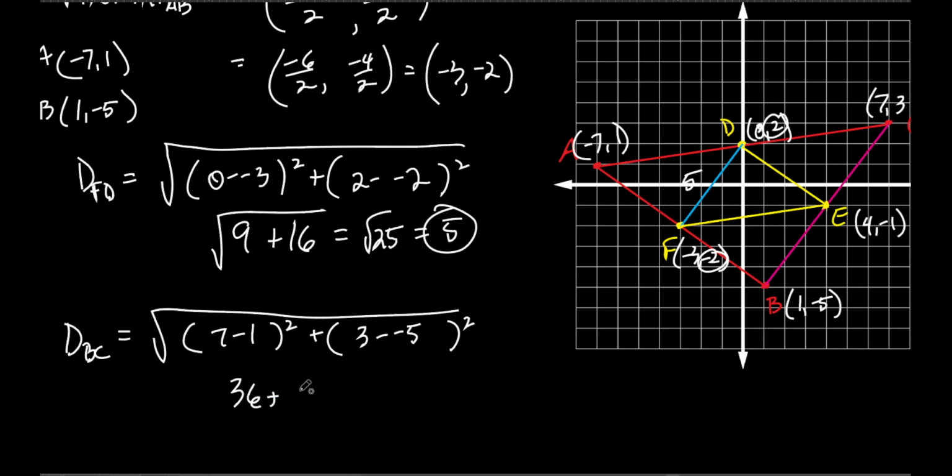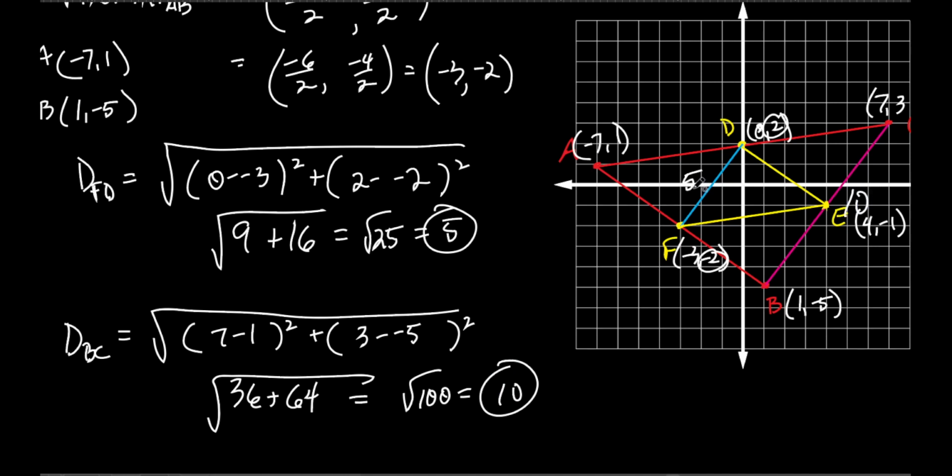This is 8. 8 squared is 64. Take the square root. That's the square root of 100. What's the square root of 100? It's 10. So, sure enough, the blue one is 5. The pink one is what? 10. Is the mid-segment half of the third side? Yes, it is. Now, on this example, they actually do the other side as well, AC and FE, but I think you got the gist of this, so we're not going to do that.